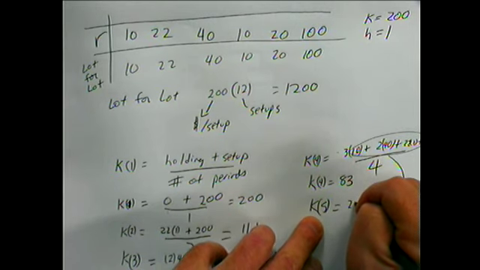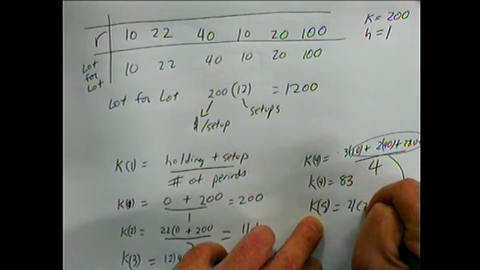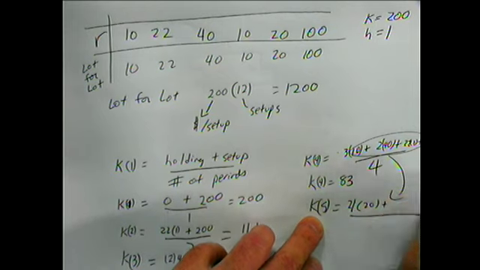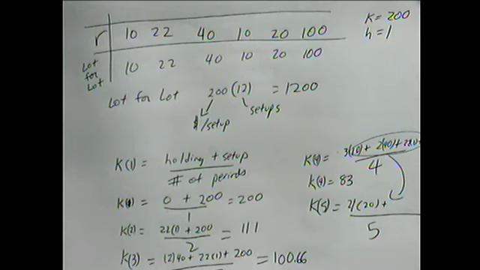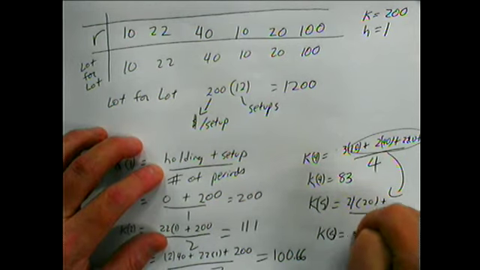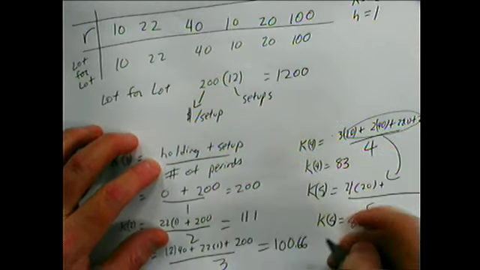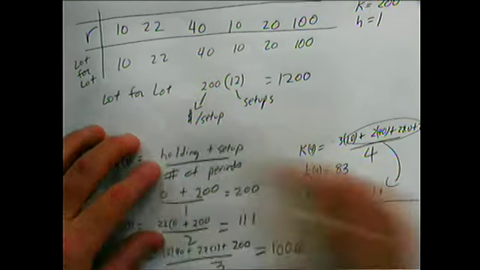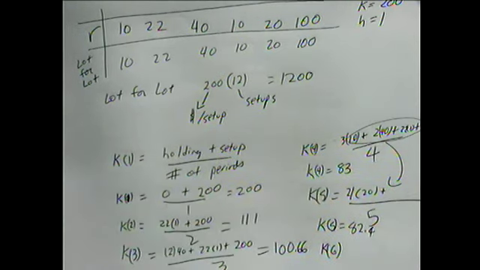And then you would do 4 times 20 plus all that junk divided by 5. That's $82.4. And then K6, which would be producing for everything, would be all that junk plus 100 times 5 divided by 6.